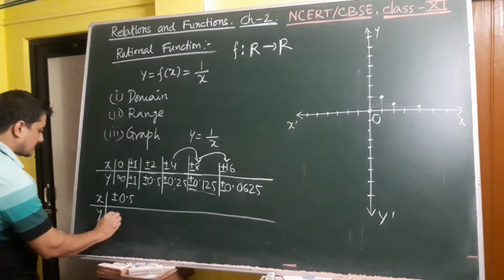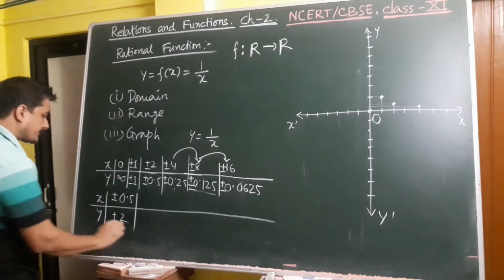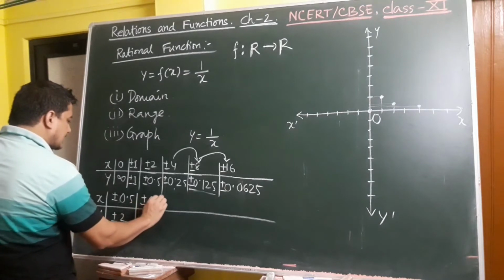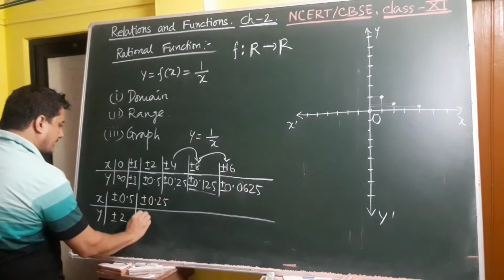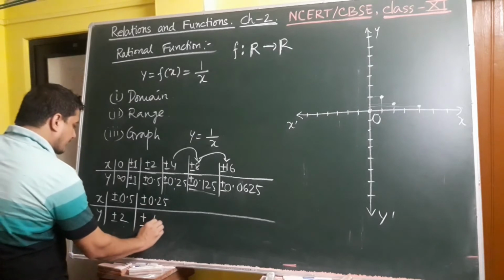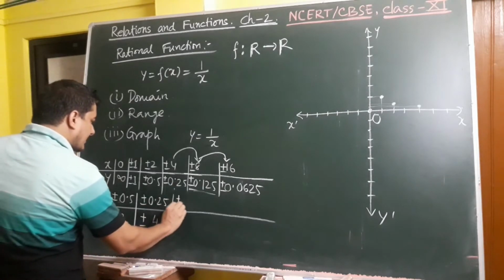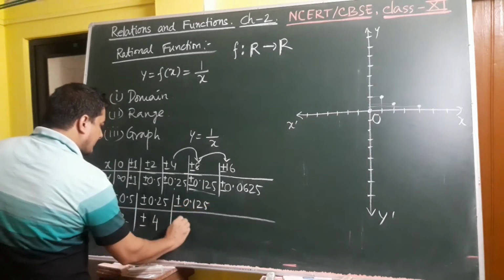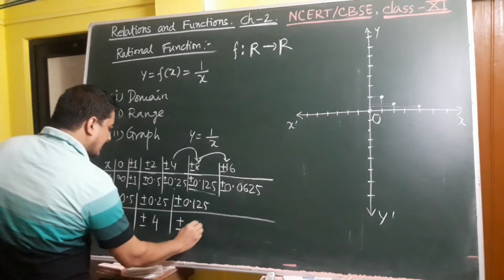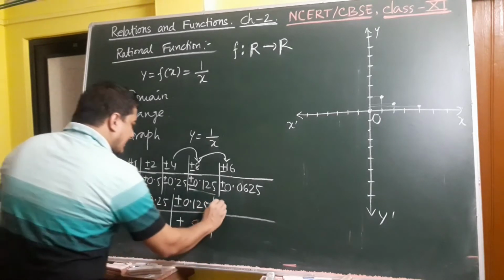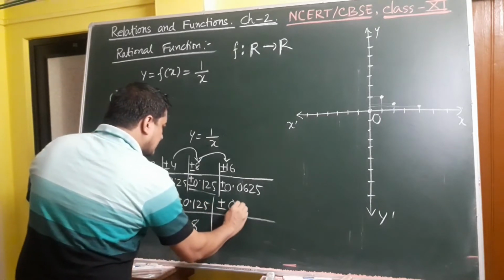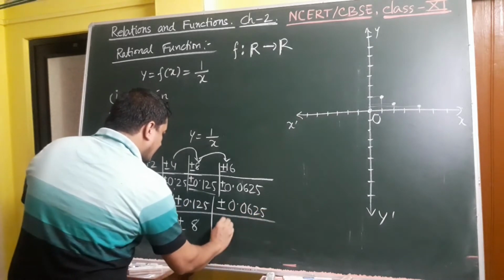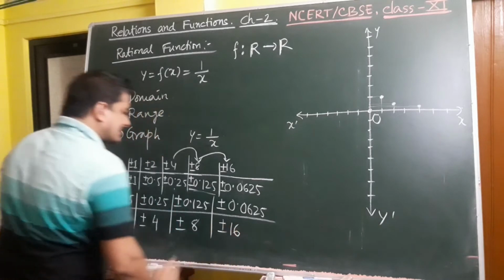It will be plus minus 2. Now if I take plus minus 0.25, it will be plus minus 4. If I take plus minus 0.125, it will be plus minus 8. If I take plus minus 0.0625, it will be plus minus 16.